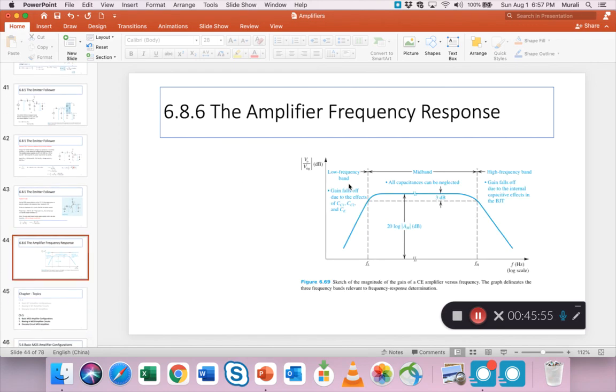There is one last section called amplifier frequency response. There's not too much material here. We've already studied some frequency response in previous courses, but we will do a whole chapter, chapter 9 in this course, on frequency response. So I'll just wait to cover all this frequency response stuff when we come to chapter 9. Okay, so that's it for this. In my next recording, we'll look at problems related to BJT amplifiers.